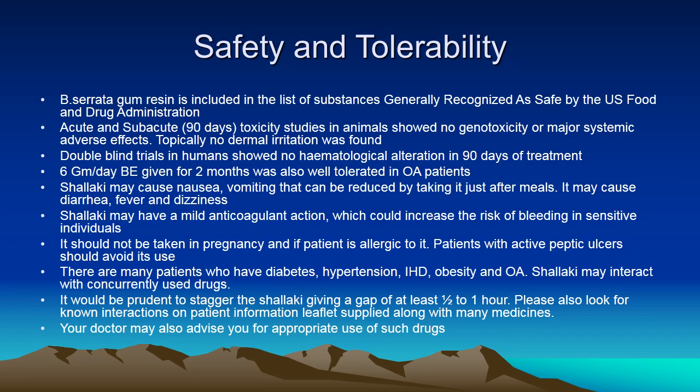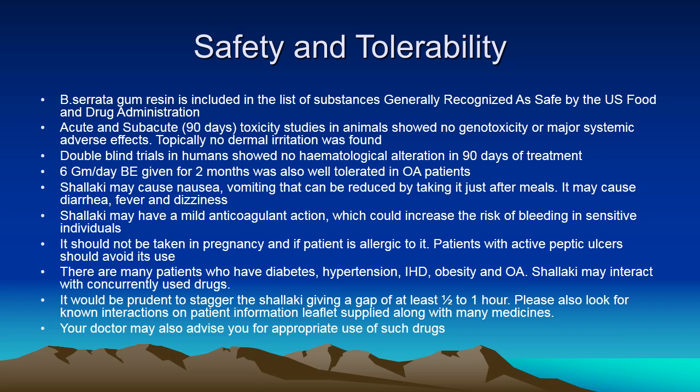The important thing is safety and tolerability. Boswellia serrata gum resin is included in the list of substances generally recognized as safe by the US FDA, and experimentally acute and subacute toxicity testing have found no genotoxicity or major adverse effects on the bodily systems.